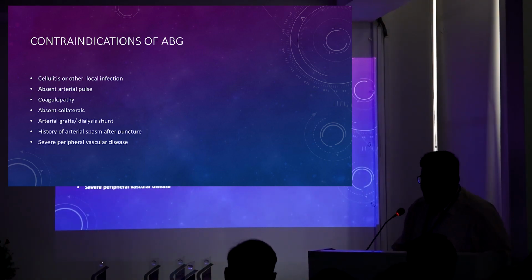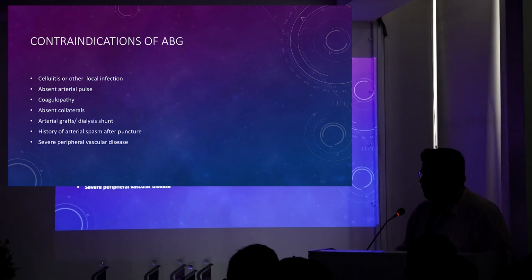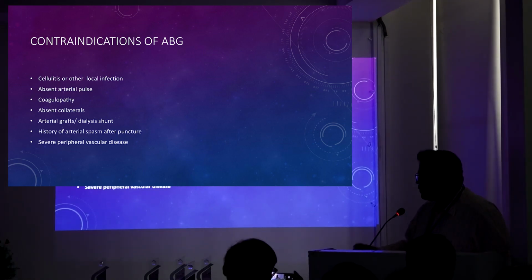Coagulopathy is a relative contraindication to me, because in a patient with sepsis there can often be coagulopathy, yet we need to do the ABG and take proper precautions. Absent collaterals, arterial grafts and dialysis shunts are often encountered, and in that case it is advised that you use a separate site for the prick. A history of arterial spasm after puncture is also a relative contraindication, as is severe peripheral vascular disease.